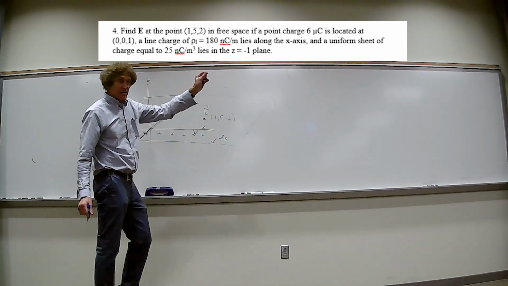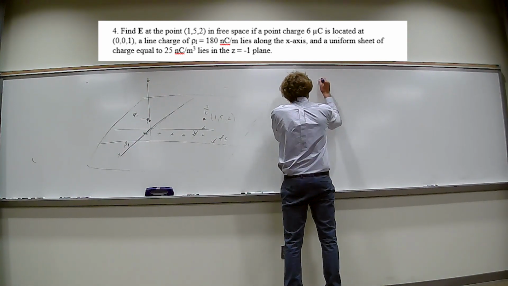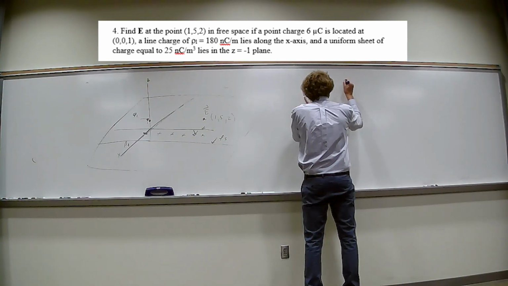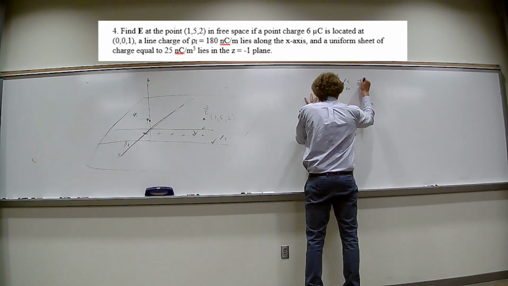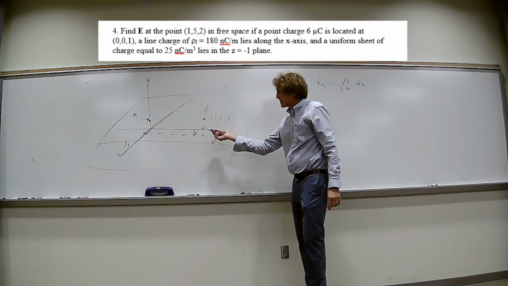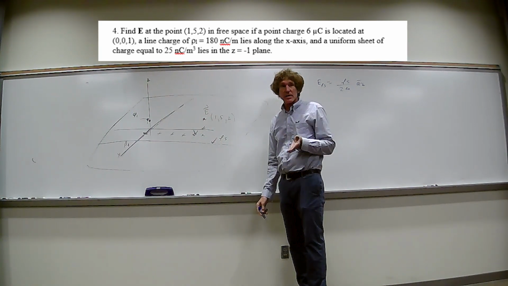Right? So I can say the electric field E from the sheet of charge, rho S, at that point is going to be equal to rho S over 2 epsilon naught in the a_z direction. That would be the electric field from the sheet of charge at that point of observation. Does everybody agree with that?